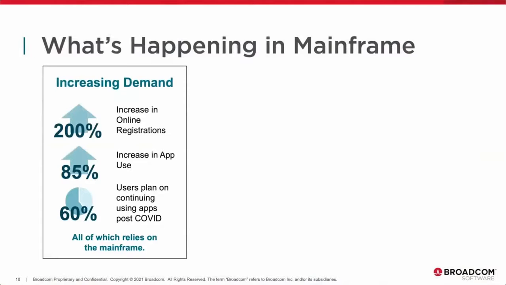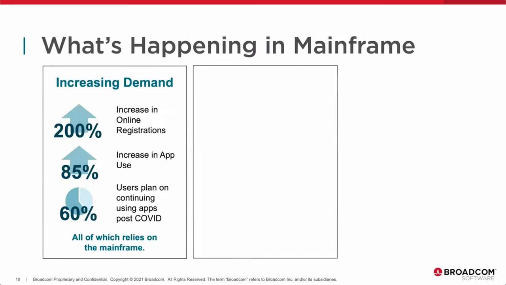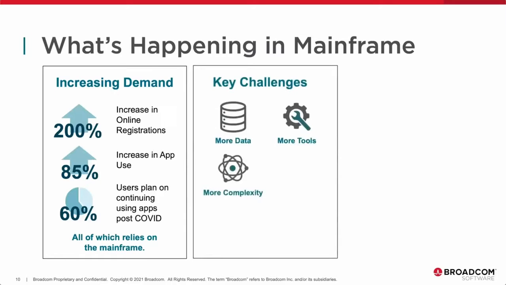This is actually from a financial services company, but we found that it applies in general, to most of our customers that we've talked to. They're seeing a significant increase in online registrations as well as app use, all of which led to a number of challenges for our customers.